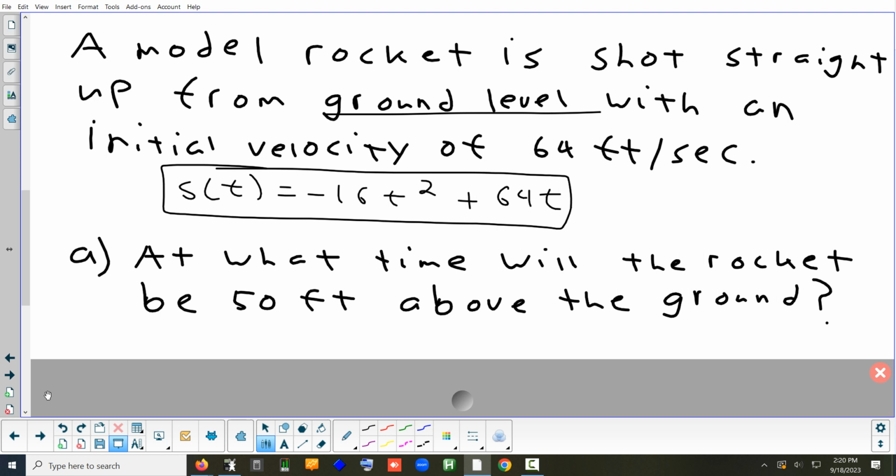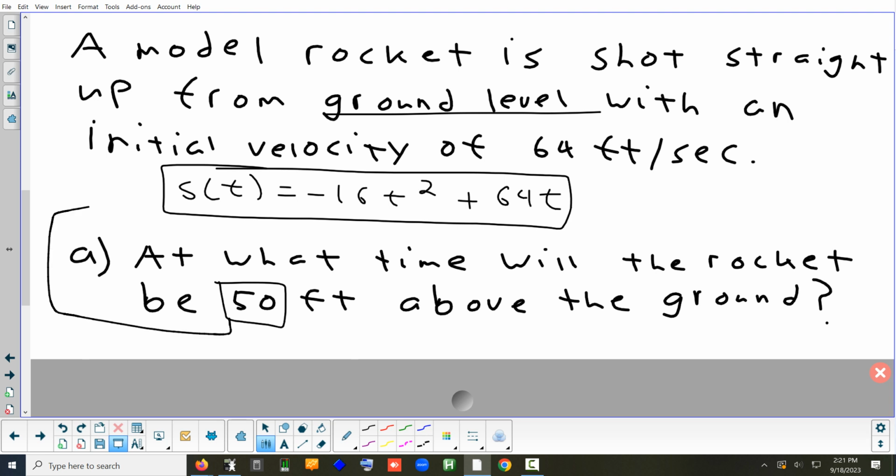Okay, so the question here is, when will the rocket be 50 feet above the ground? So you'd have to take that 50 and fill it in somewhere. Does anyone know where you would fill it in? Yes, the S of t.